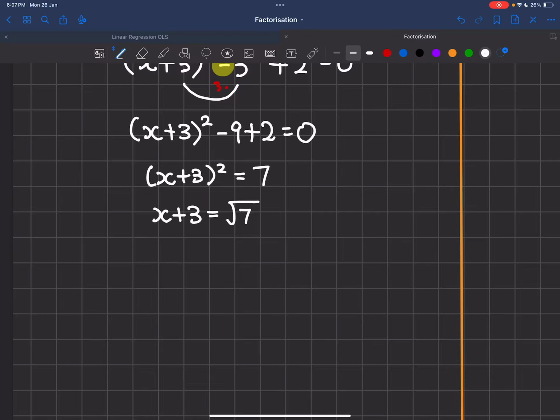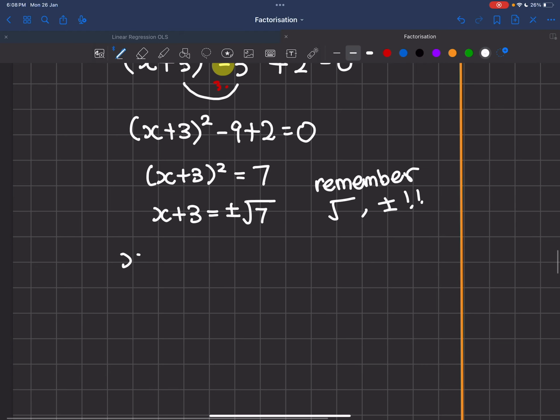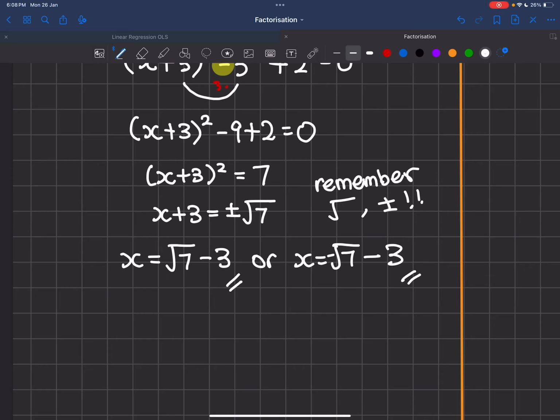Square root 7, right? No, not right. We need to do plus or minus square root 7. Remember, every time you take a square root, plus or minus, okay? So we will end up with x equals positive square root 7 minus 3, or x equals negative square root 7 minus 3. So these are two values, and you can graph that, and we're done.